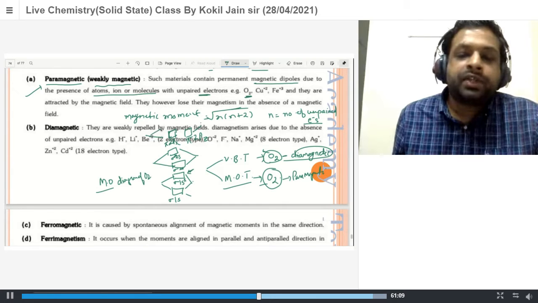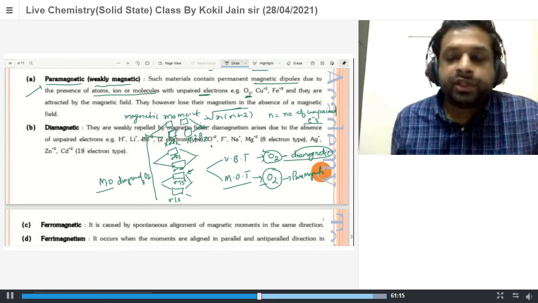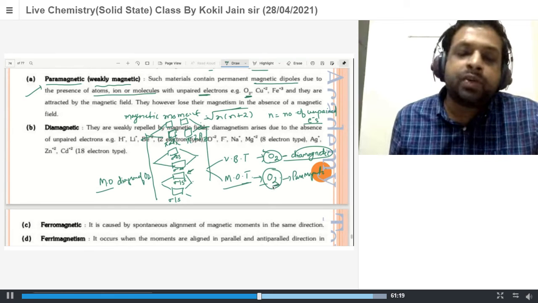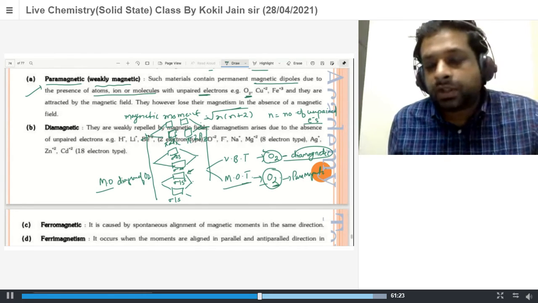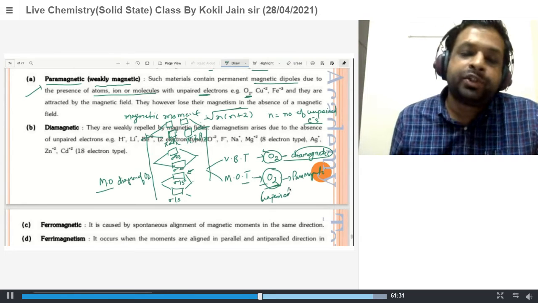Now try to see these kind of structure here. Try to revisit the molecular orbital diagram of O2 and see how, in MOT, you can see the unpaired electron present in the O2 molecule.